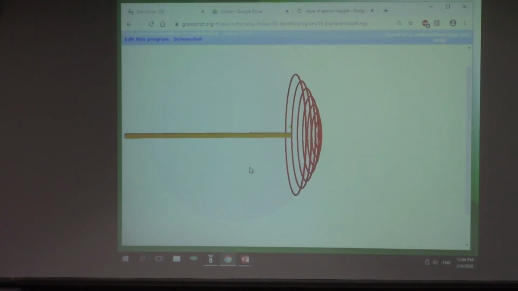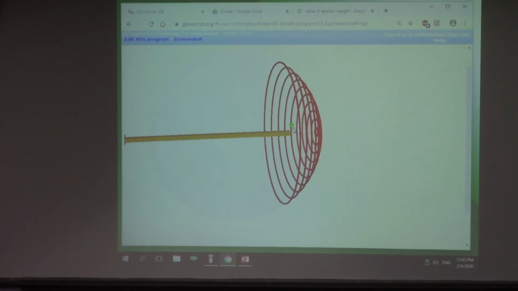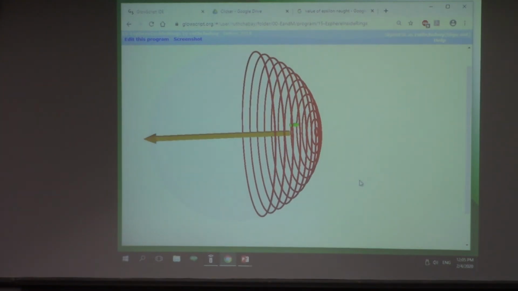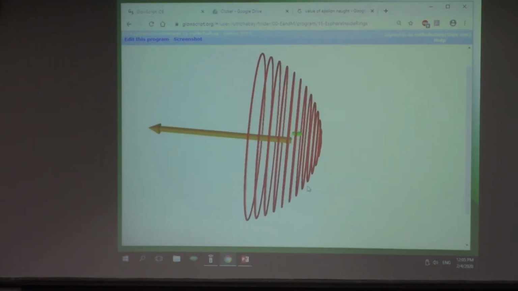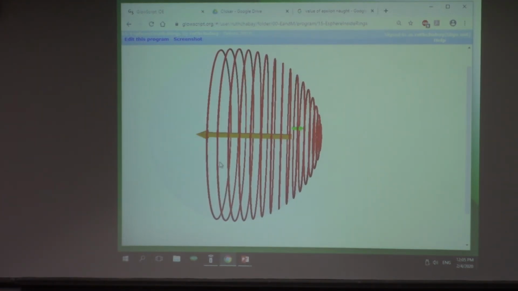And what's going to happen as we get rings on the other side of that observation location? They're going to start contributing a field in the other direction. So you can see this little contribution of this ring is now in the other direction. And as that contribution in the other direction gets bigger, the net field starts decreasing as we add it up.